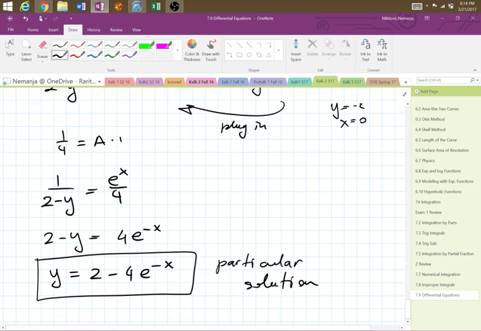How awesome was this? Pretty awesome. I know. I used to spend hours just doing these things. No, the reason was because I was sharing a computer with someone, so I couldn't play Counter-Strike, so I had nothing else to do. So I sat and I solved the whole differential equation textbook.